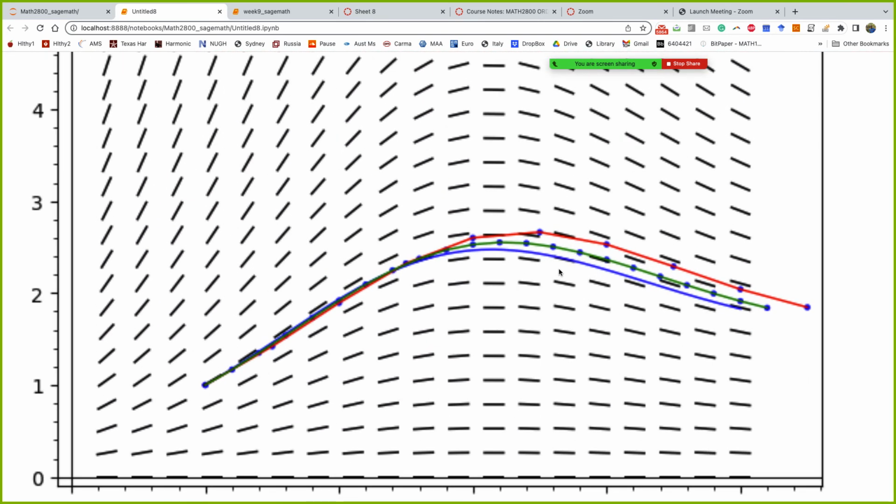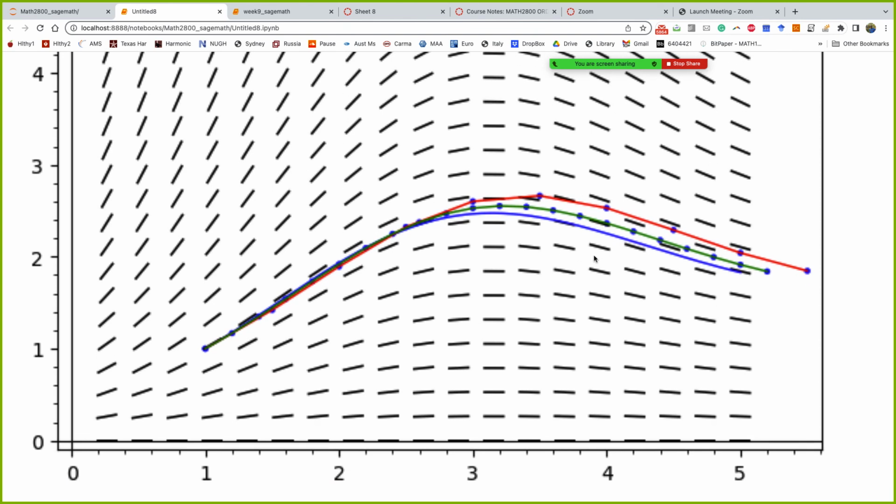Okay, now look at this plot. The red ones, including the points, are the first Euler method with the step size of 0.5. The green one, with more numbers of points, means with the step size of 0.2, and the blue one is the analytic solution.